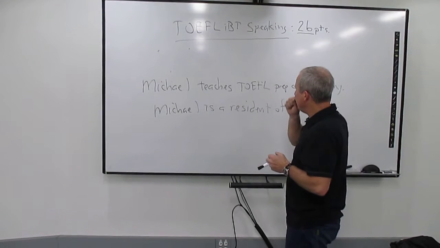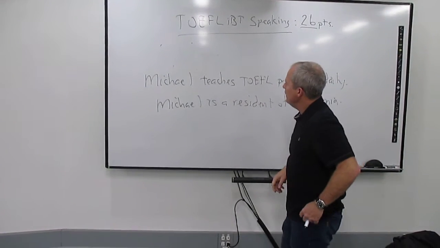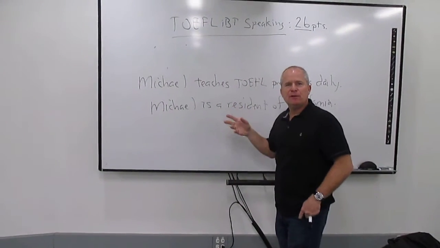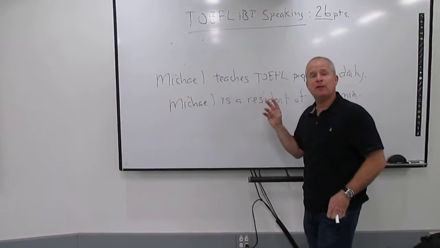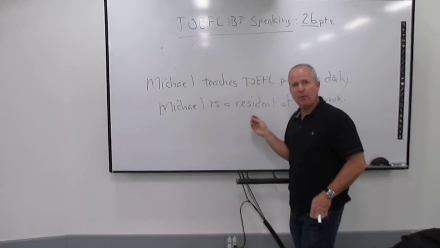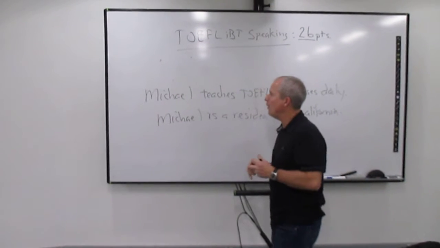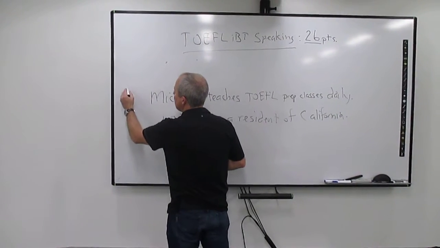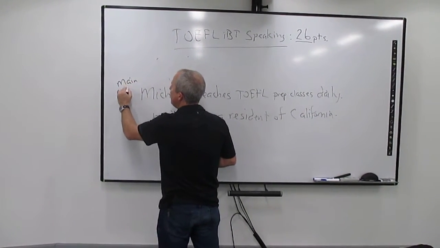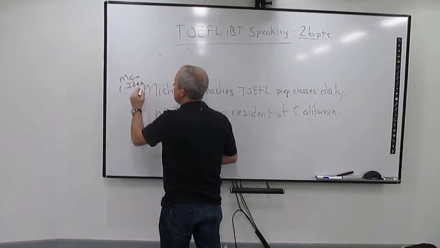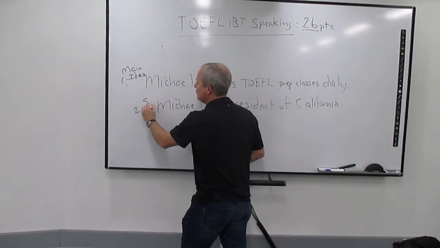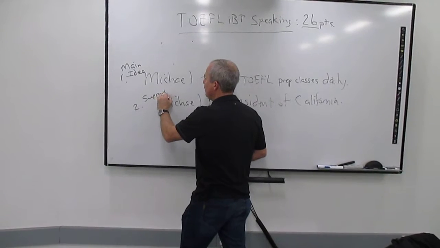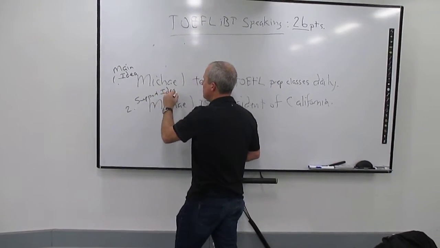Right? So then, in order to combine these sentences, you have to determine which sentence is most or least important. So for the purposes of the video, I'm going to make the first sentence my main idea. And then the second sentence becomes my support idea here.